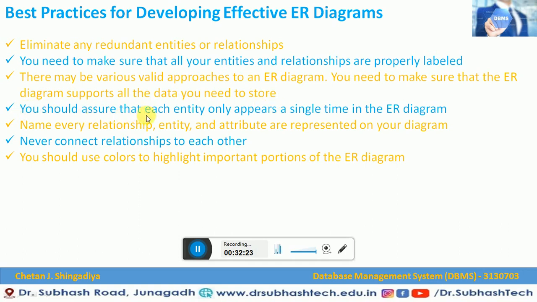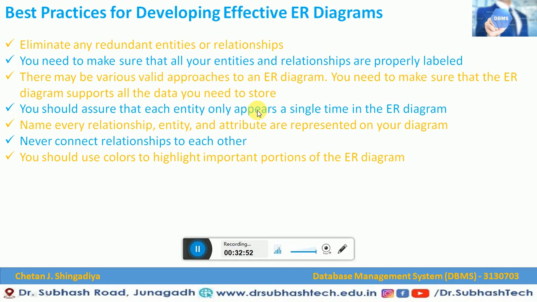You should ensure that each entity appears only a single time in the ER diagram. So this is an important one. While creating an ER diagram, we have to make sure that the entity appears a single time. Name every relationship. We have to provide a name to every relationship. Also, we have to provide the names of the entities and the names of the attributes which are represented in your ER diagram.